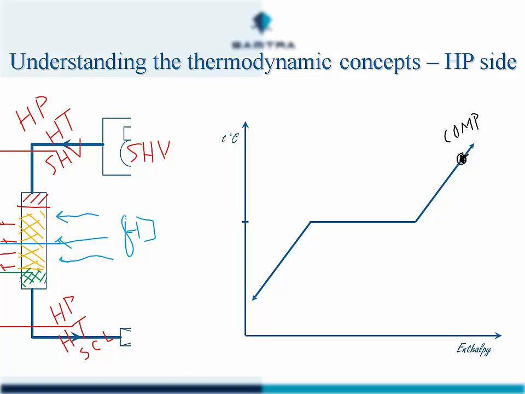We are then going from the compressor to the metering device, the expansion valve, and the expansion valve likes to see subcooled liquid. So subcooled liquid is on this lower section of the graph. So we can draw our TXV. It can be any metering device.